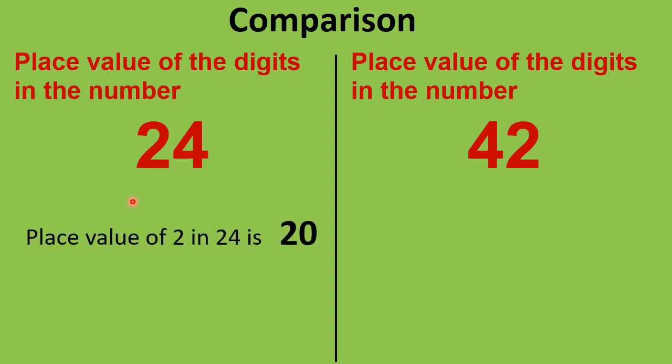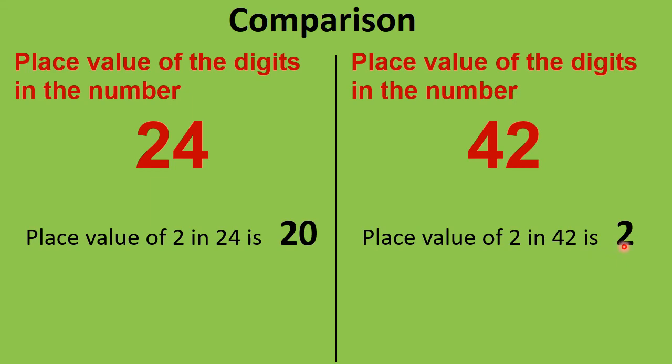Here the place value of 2 in 24 is 20. We found the place value of 2 in the number 24. Here its place value is 20. In this example, place value of 2 in 42 is 2.